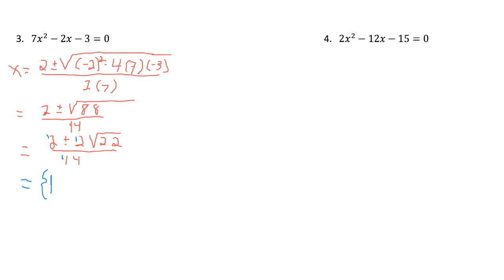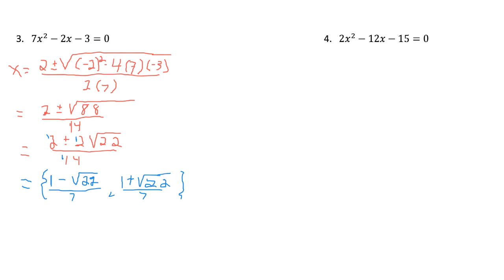Sorry about that. 1 minus root 1 times root 22 is root 22 over 7, comma 1 plus root 22 over 7, and solution set.